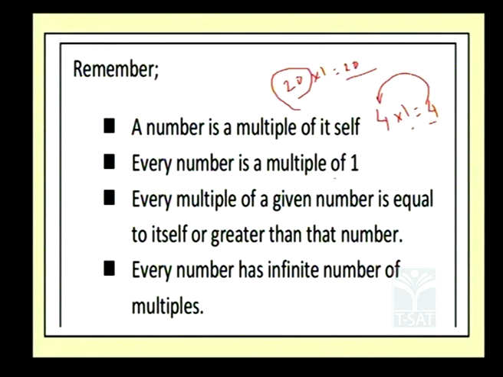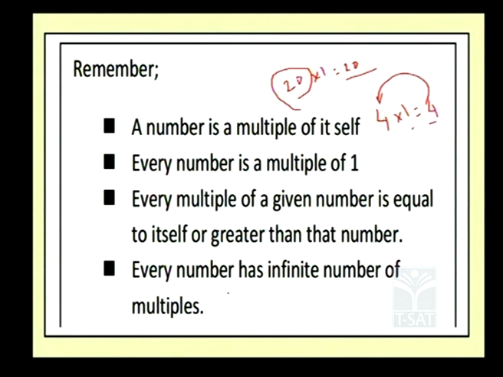So, every number is a multiple of 1, and every multiple of a given number is equal to itself or greater than that number. When we are multiplying with 1 only, we are getting that same number. After that, when we are multiplying 4 into 2, we are getting 8, that is greater than 4. When we are multiplying 4 into 3, we are getting 12, that is greater than 4. So, every multiple is equal to that number or greater than that number.